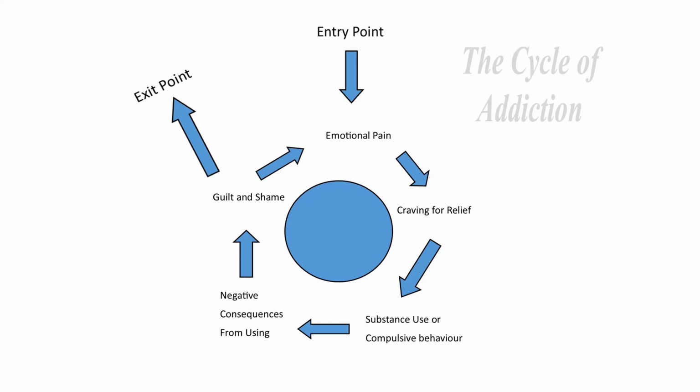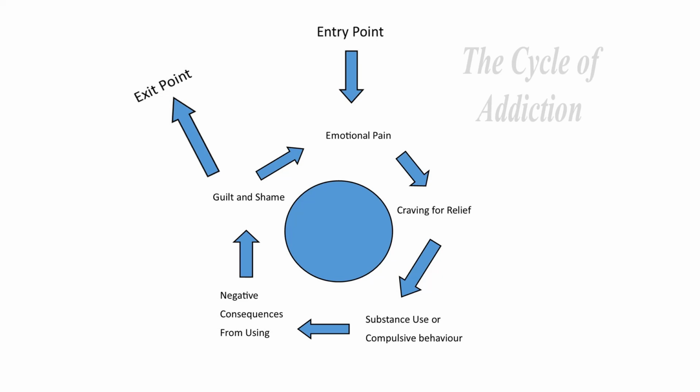We often see people, when their children are growing up or becoming a grandparent, just taking a really good look at themselves, or hitting a milestone age like 30 or 40. So that sense of guilt and shame of "I'm not living out my values, I'm not being the person that I know myself to be" we find is very often the point at which people can start to exit the cycle.